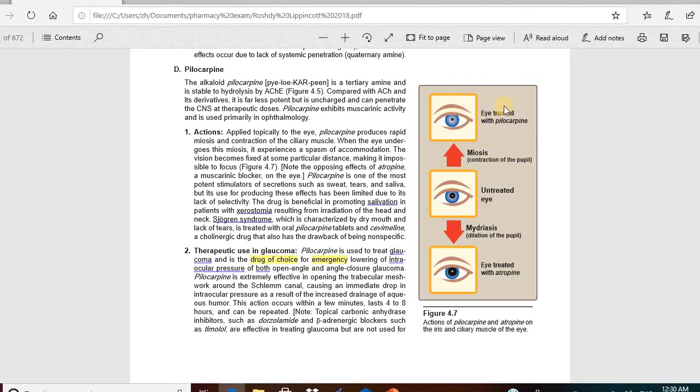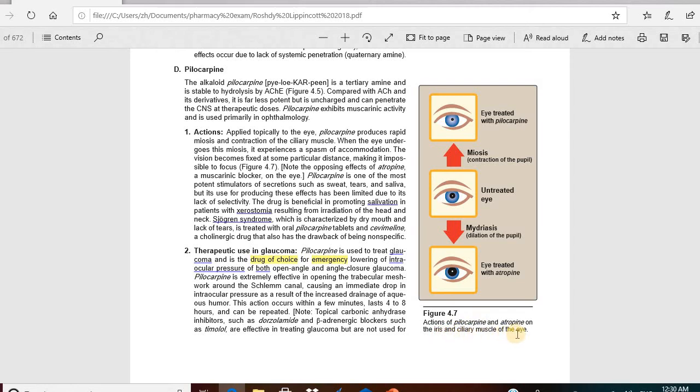This is the untreated eye. When you give pilocarpine, it becomes like this, and when you give atropine, it becomes like this. You can see the dilatation of the pupil with atropine, that is mydriasis.